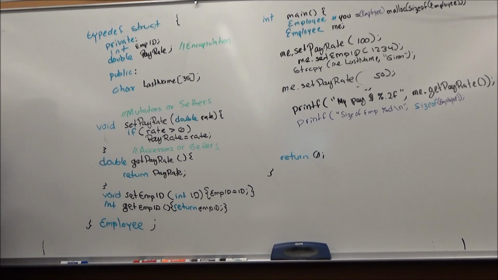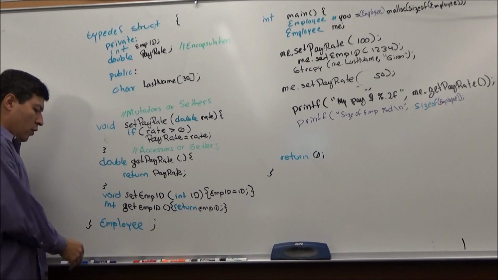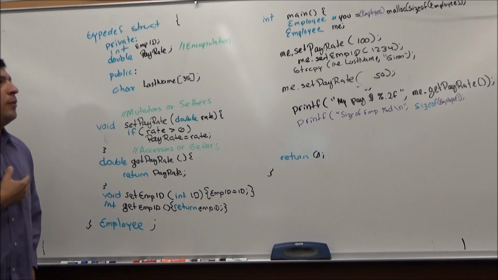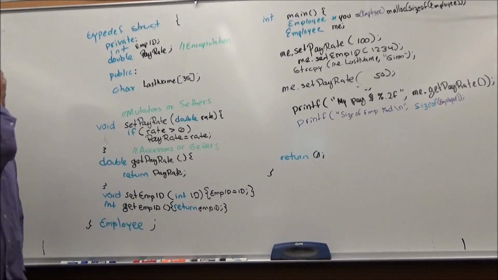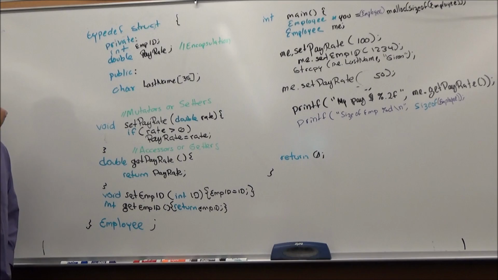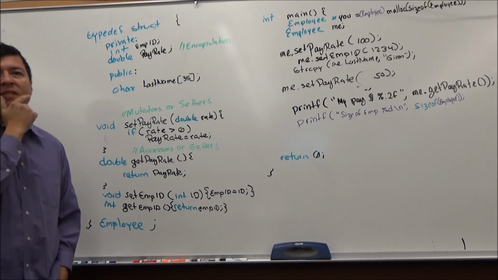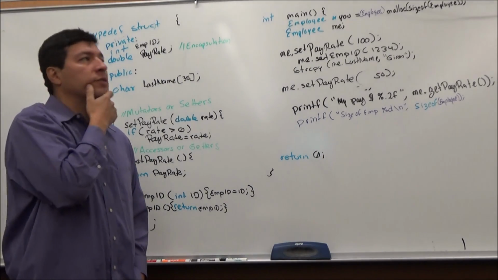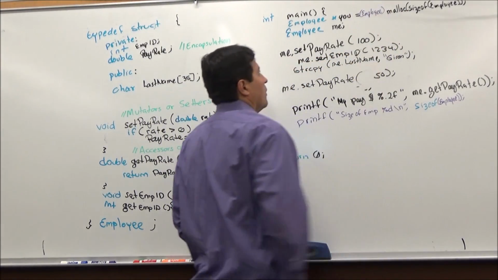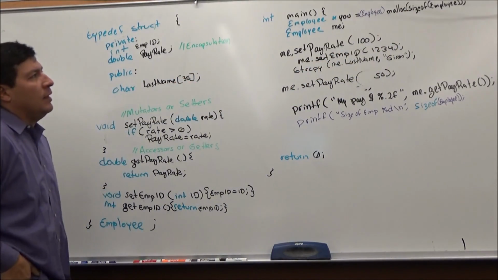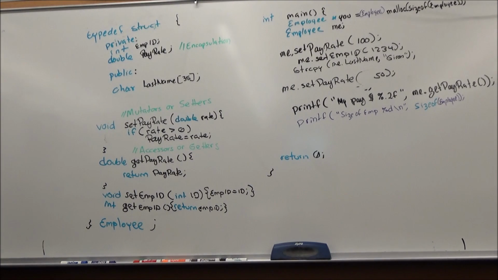So, what I'm getting at here, if you declare a variable just like this, you can do the dots. But if you declare a pointer, it doesn't exist in memory, it's just an address to hold an address. You allocate memory for an employee, and then you can use it.